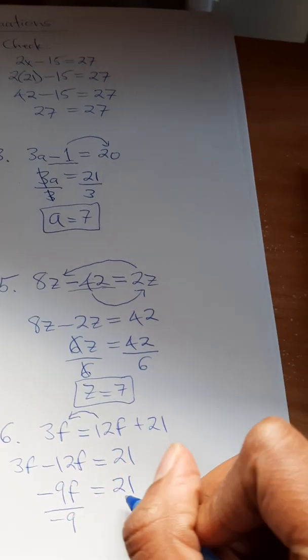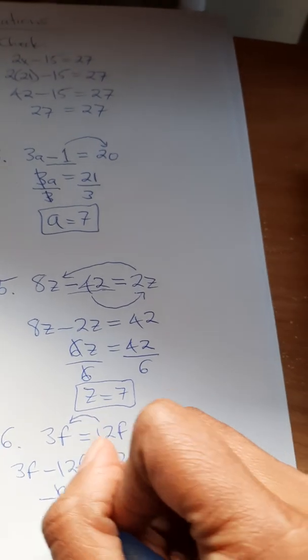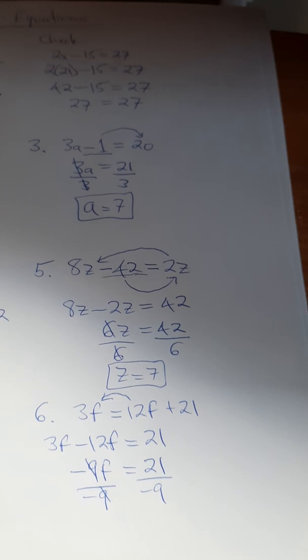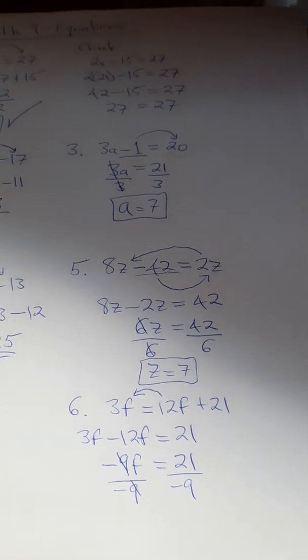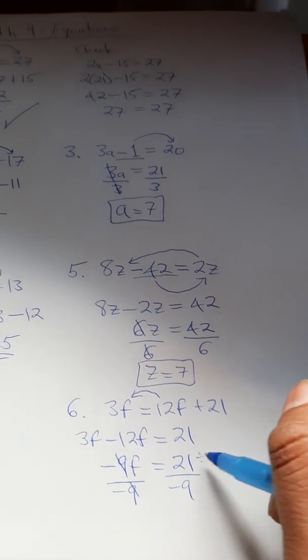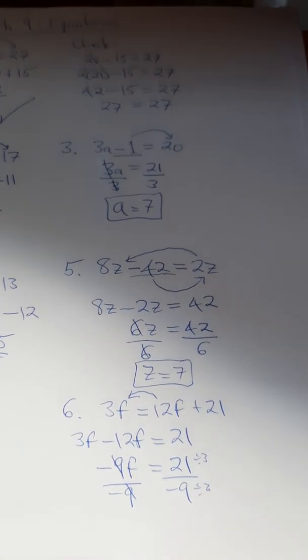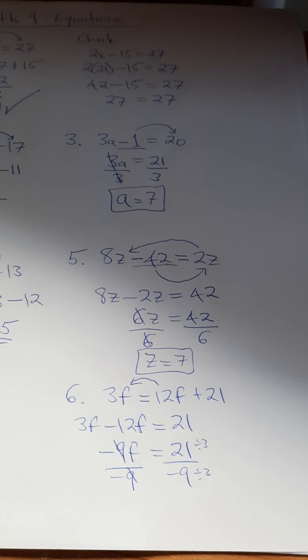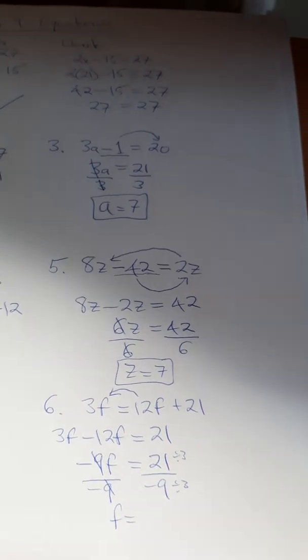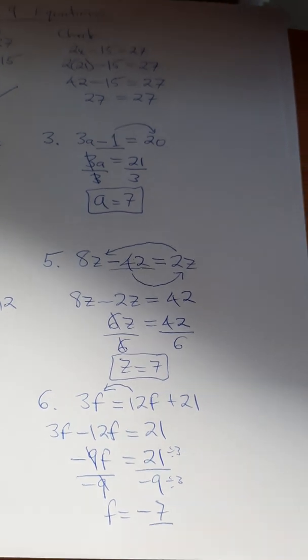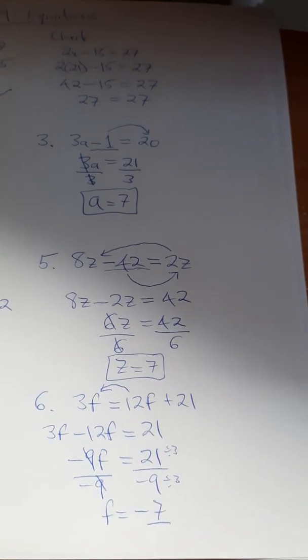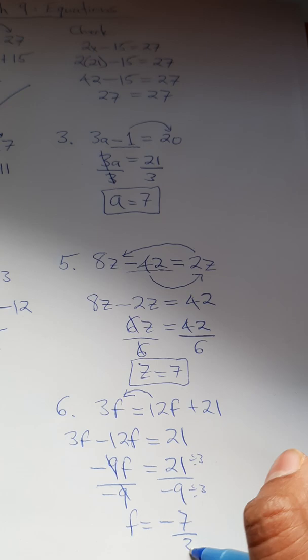To get rid of this negative 9, I want to divide by negative 9 on both sides. So we're actually left with negative 21 over 9. And I'm just going to reduce this fraction. So let's divide it by 3 on the top and the bottom. So f is equal to negative 21 divided by 3 is 7. On the denominator side there, 9 divided by 3 is equal to 3.